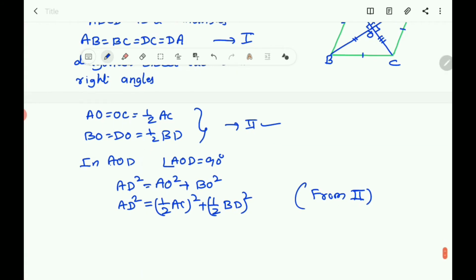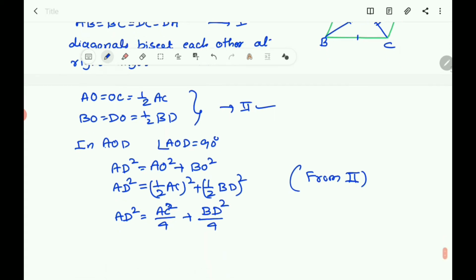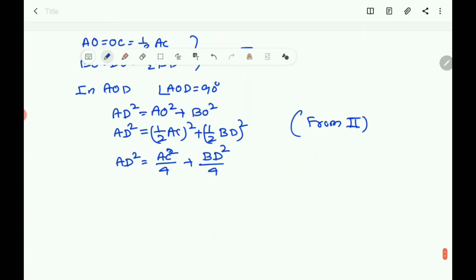That is, AD square is equal to AC square by 4 plus BD square by 4, so AD square is equal to AC square plus BD square by 4.